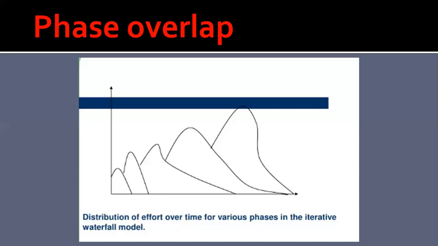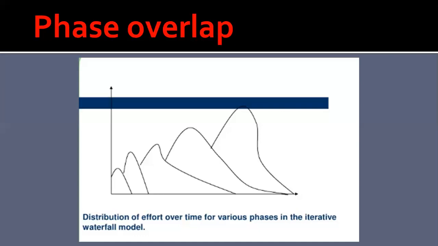Of course, some members may complete their part of the work earlier compared to the other members. So if we follow strict phase transitions, then the team members who complete their work early would be idle, waiting for the phase to be completed, and they are said to be in the blocking state.